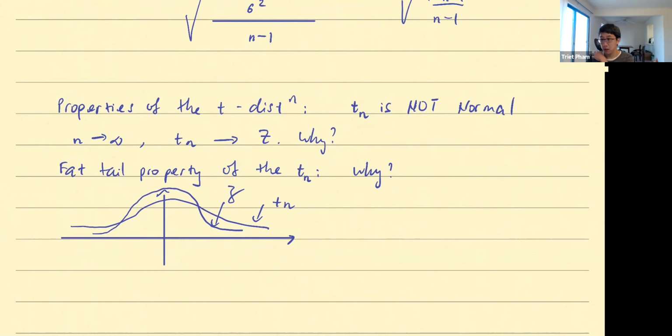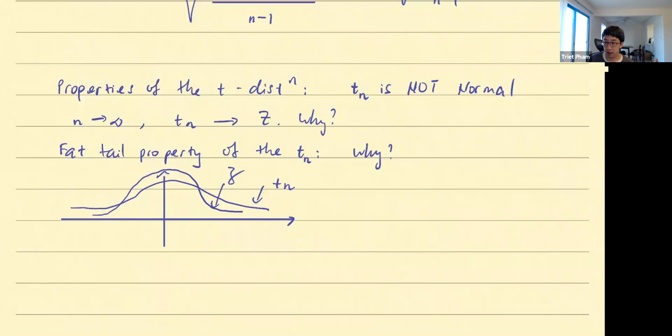Let me tell you the consequence of the fat tail property of Tn. Let's just compare side by side. And this, by the way, is shown in the Python simulation I showed you last time, which is on Canvas.